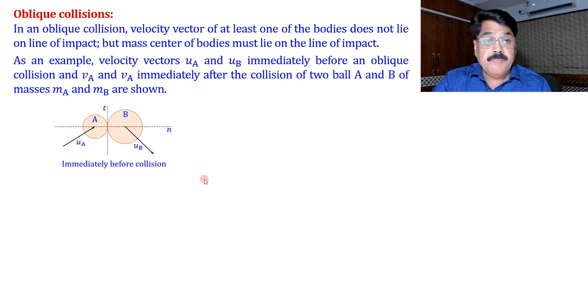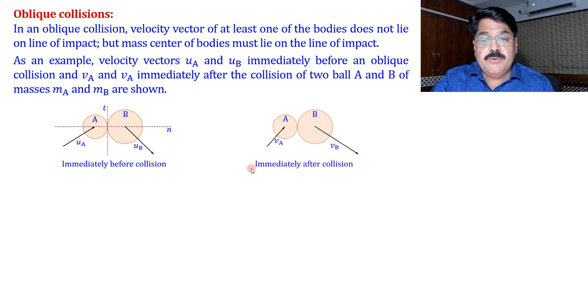Now what we do? We assume velocities after collision, say VA and VB, and show them in a diagram immediately after collision. These velocities we assume arbitrarily, and to analyze them, we resolve these velocities along their t and n components and analyze the collision in t and n components separately.